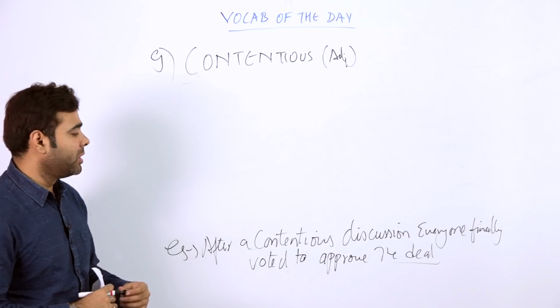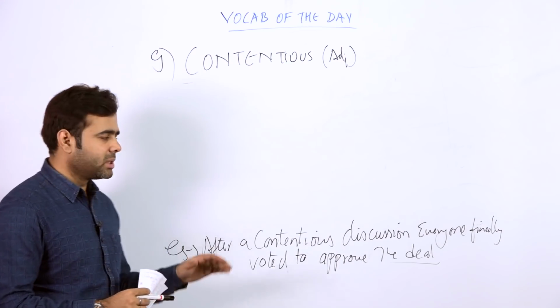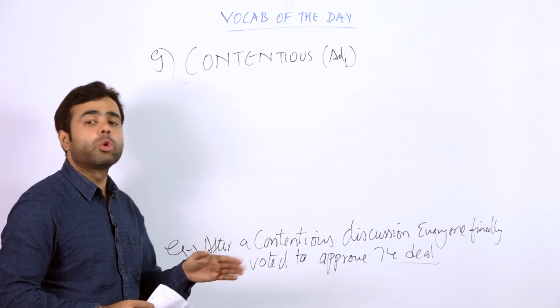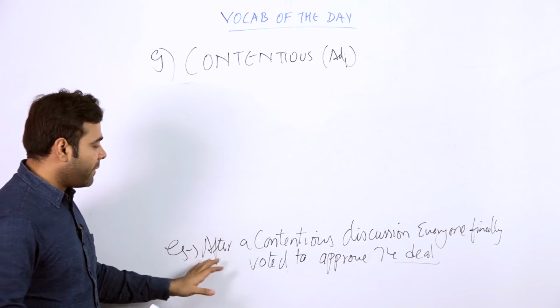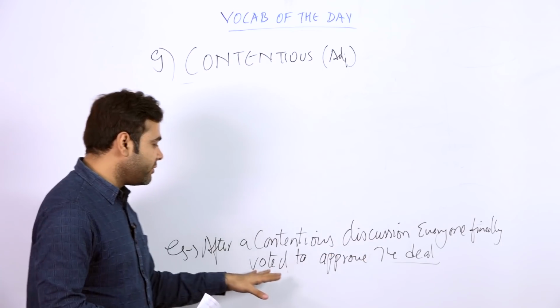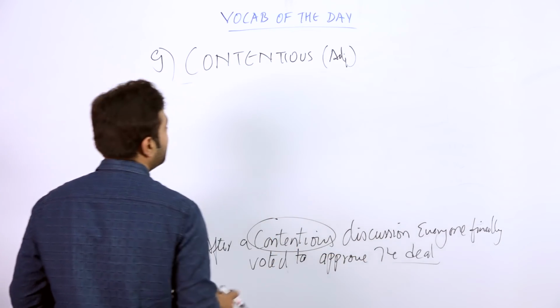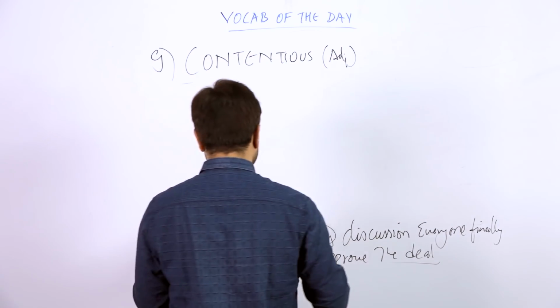There may be a kind of discussion which was discussed at length, like you can say the discussion got prolonged and it went too long. After a contentious discussion, everyone finally voted to approve the deal. So what kind of discussion would it be if it was a contentious discussion?